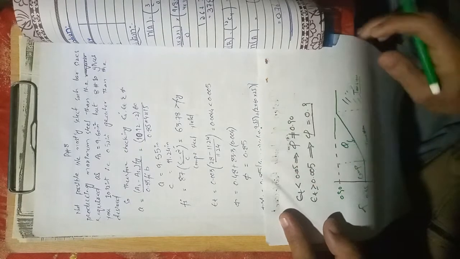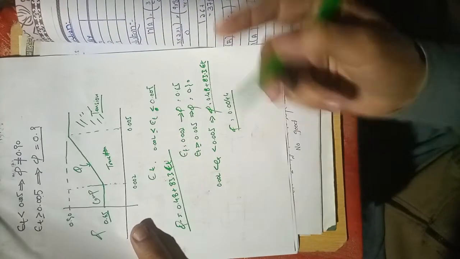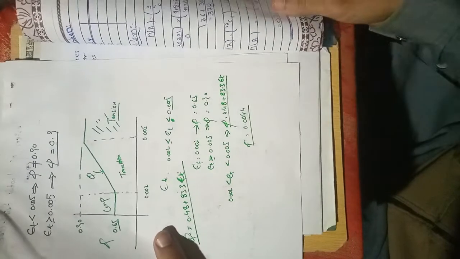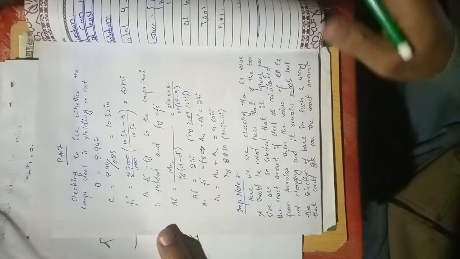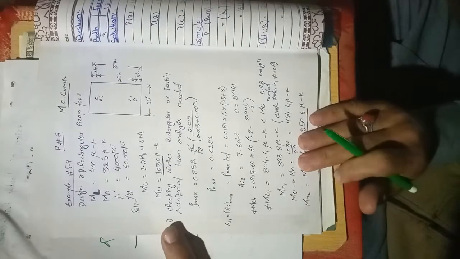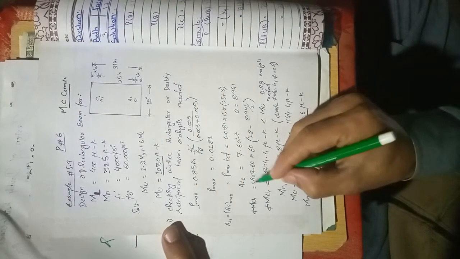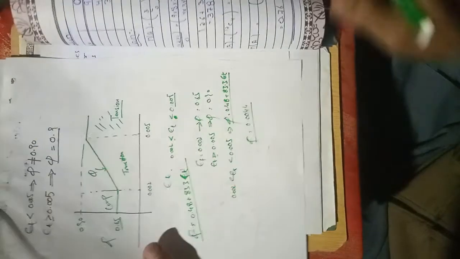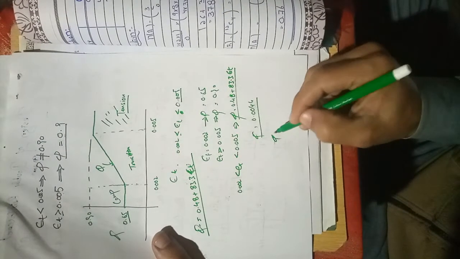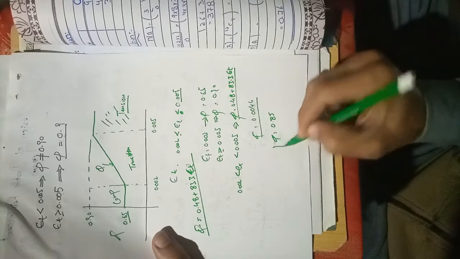We got the phi value 0.85. This means the value which we used in the previous calculation, that is 0.9, right here, this value is wrong. Now the exact value is phi equal to 0.85.